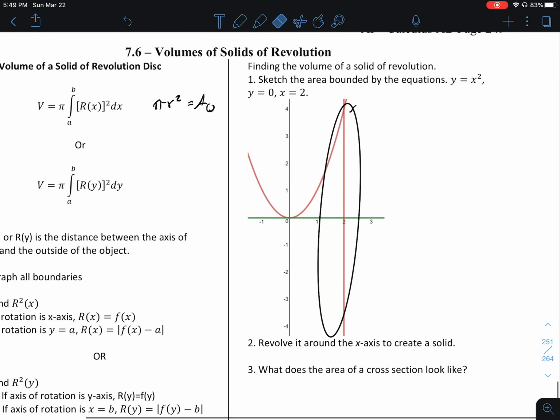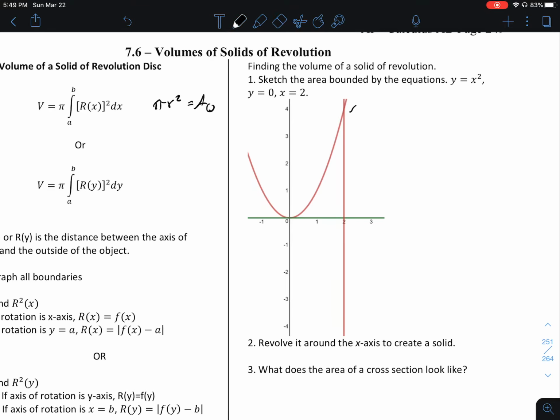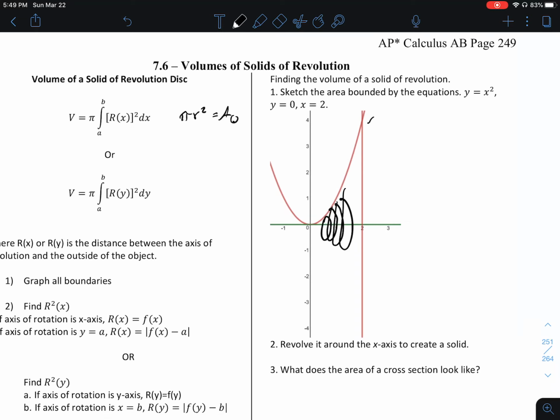And how do you find the area of a circle? It's pi r squared. We are going to be adding together a bunch of circles. Circle here, circle here, circle here, an infinite number of circles. That's why we have to integrate. So this represents pi r squared, the area of one circle. When you integrate from a to b, we are finding the sum of all of these circles.